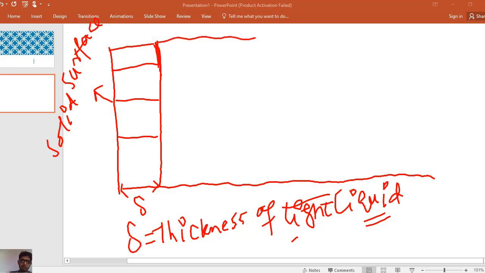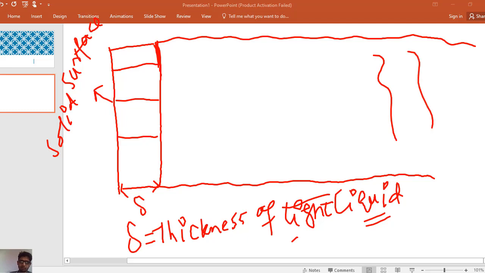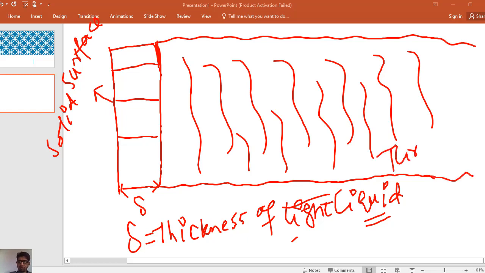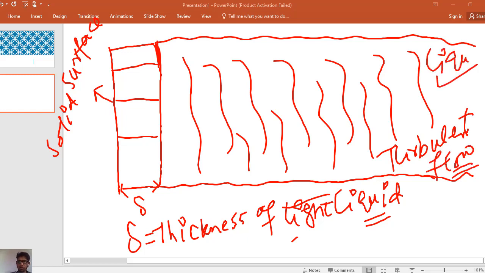This is turbulent flow of some fluid, which can be gas or liquid.